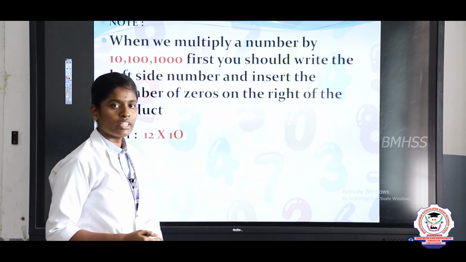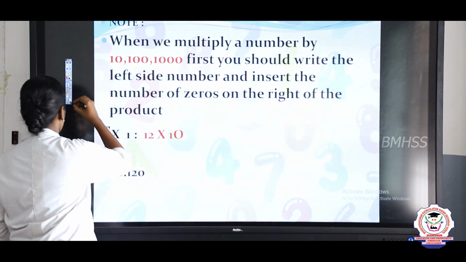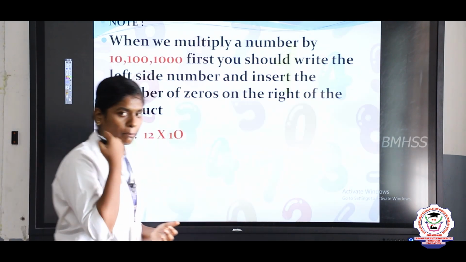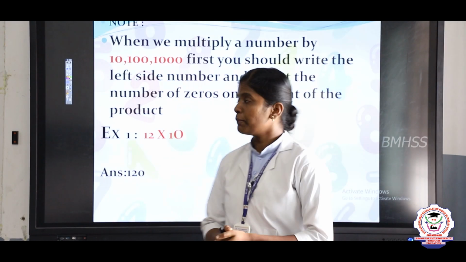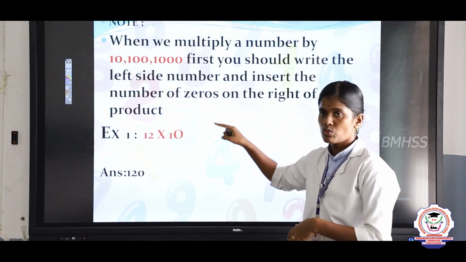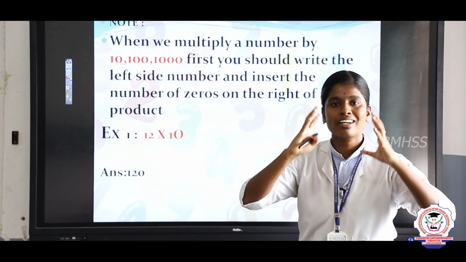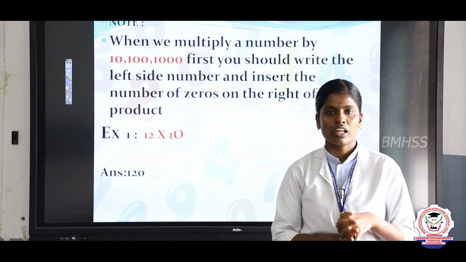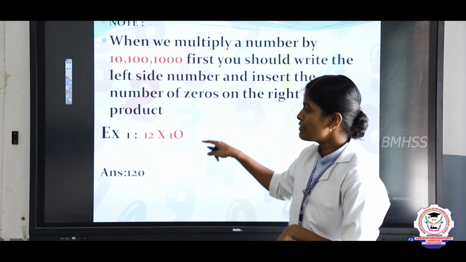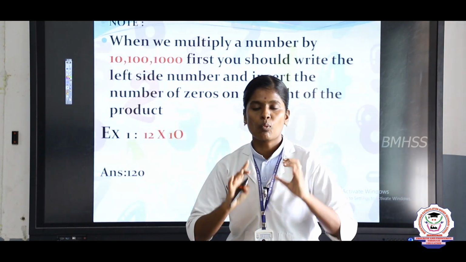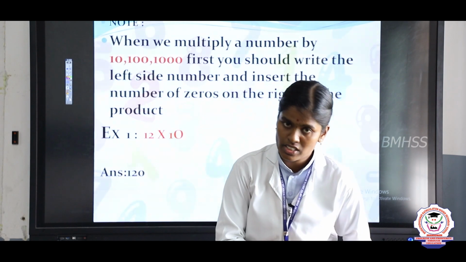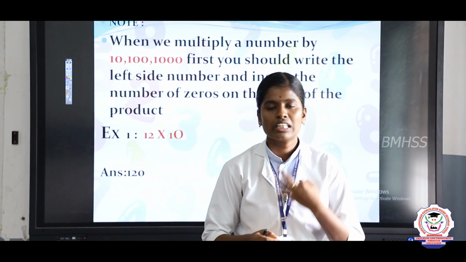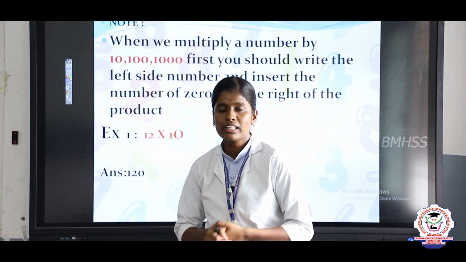So, listen my children, this is a very important note. When we multiply a number by 10, 100, 1000, first you are going to write the left side number. Left side number means that is the question. First you are going to write the left side number, then insert 1 zero, which means multiplication by 10. 2 zeros means multiplication by hundreds, 3 zeros means multiplication by 1000.